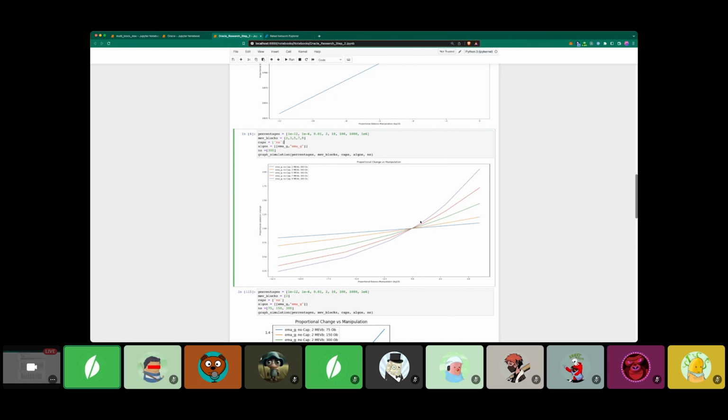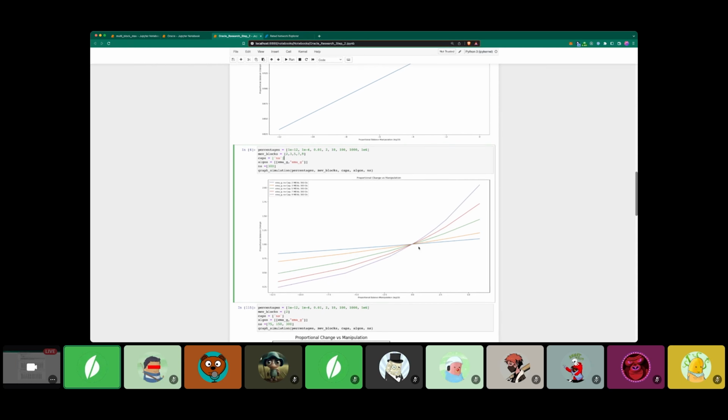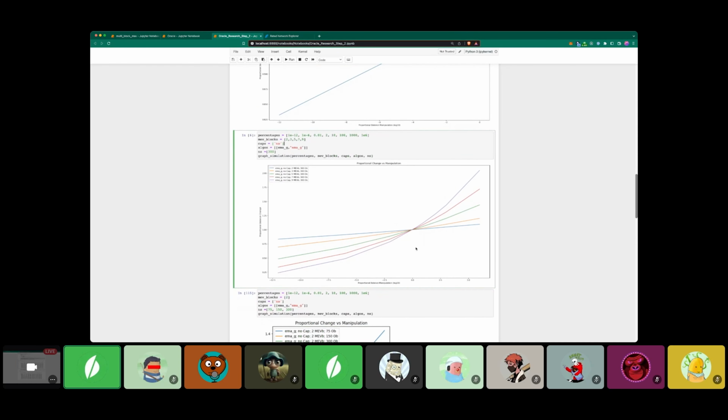You can see on the downside, it's well below 80% on the 9-block multi-block MEV. The point that's attempting to be showcased here is that without some sort of cap on the maximum percent change per block, it does not seem like it's possible to have a manipulation resistant oracle.